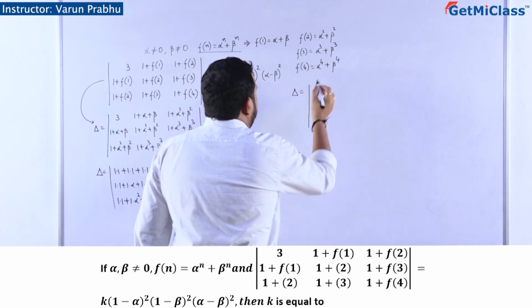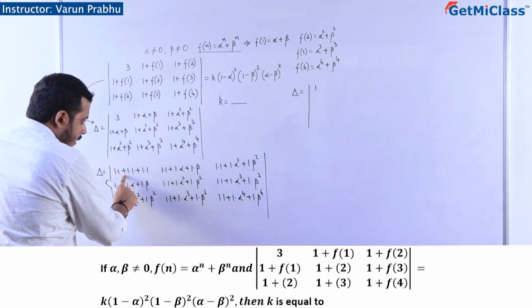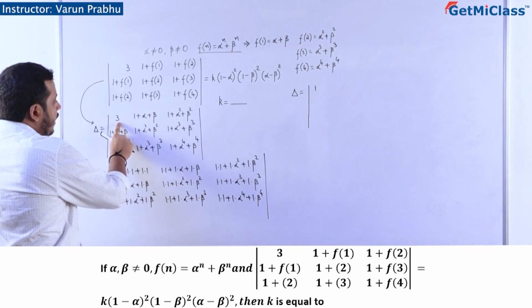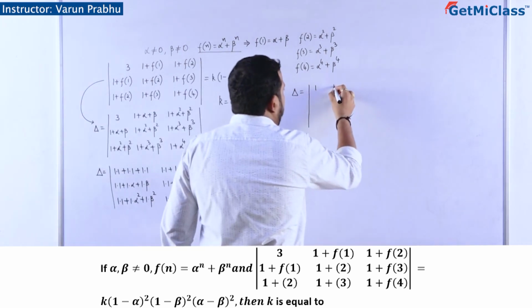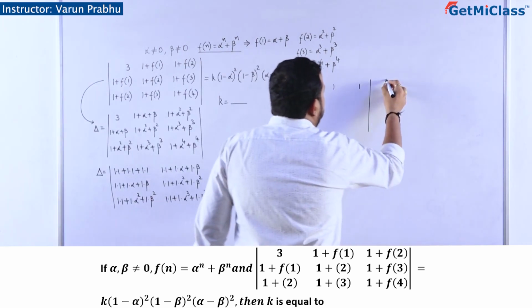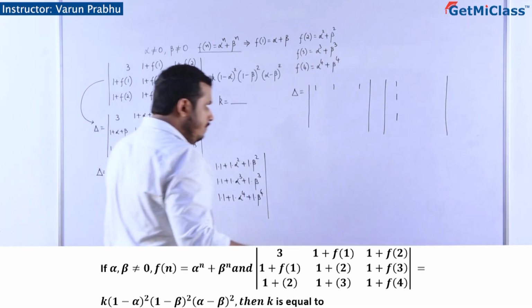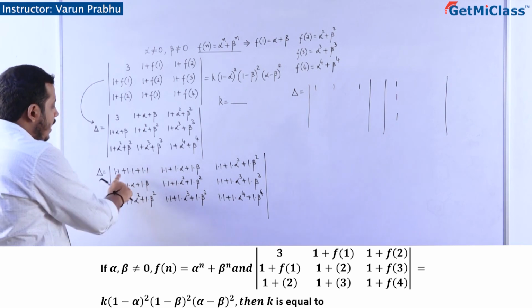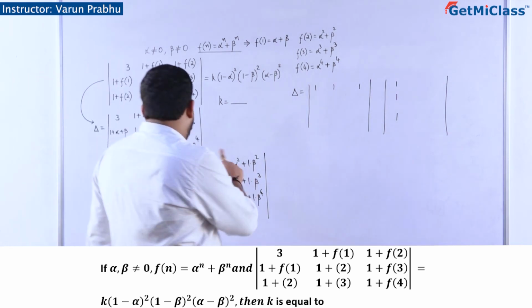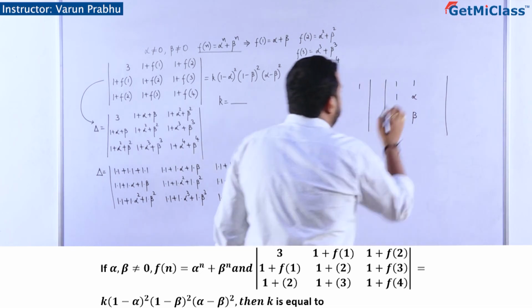Now we can write this value of delta as, if you see correctly, this part I have to split. If I want to get 3, I can write 1 into 1, look here, 1, 1, 1, first row multiplied with first column, I am getting 3. So I will split and write two determinants. Similarly, 1 multiplied by 1 will be 1, 1 into alpha will be alpha, and this part will be beta.